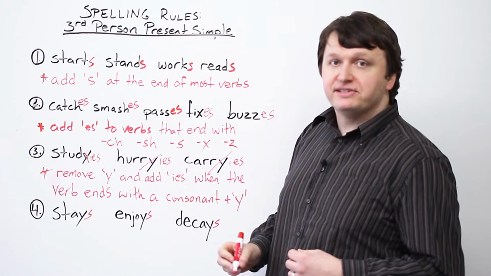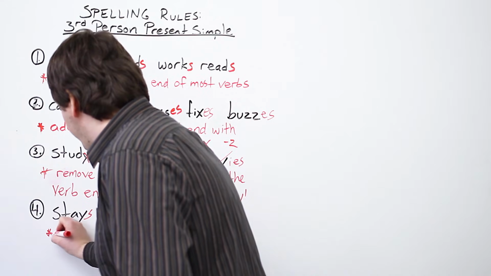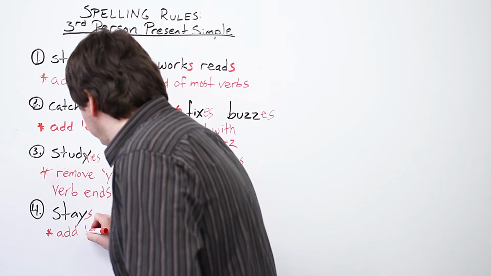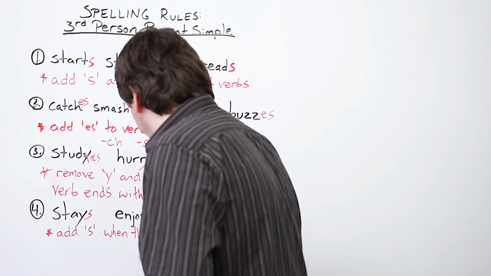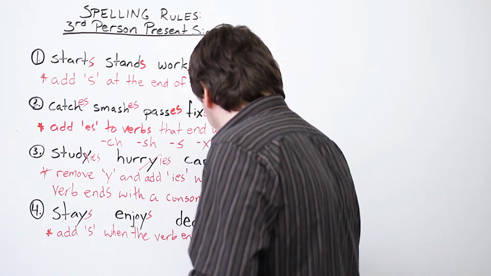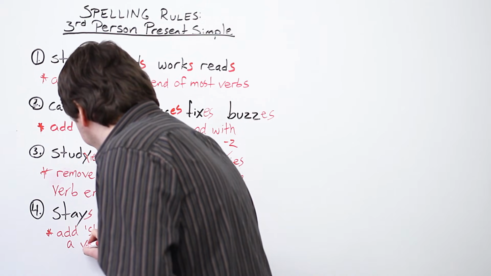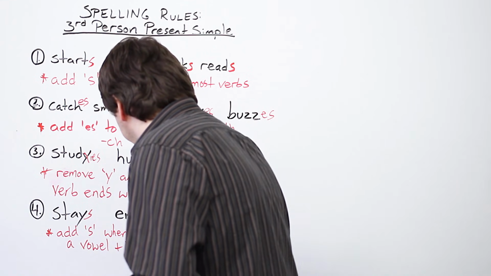So the rule for this, unlike the consonant plus Y, is add S when the verb ends with a vowel plus Y.